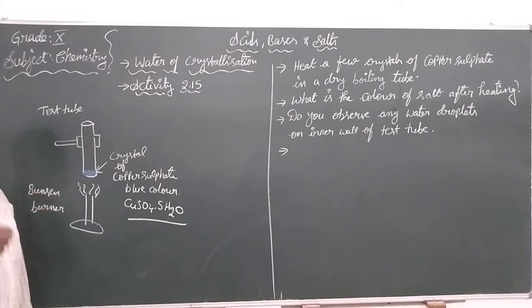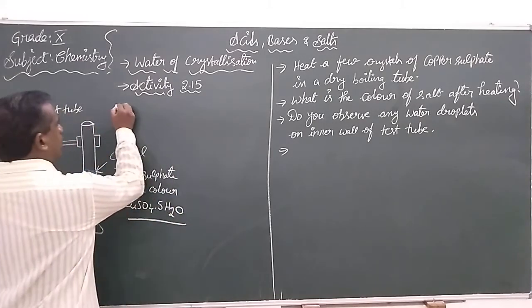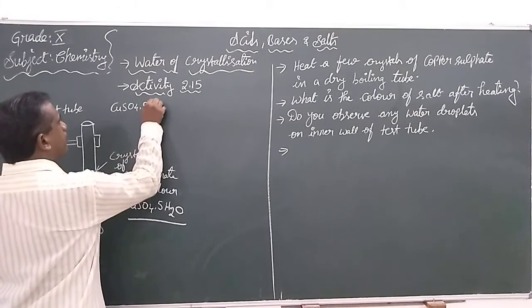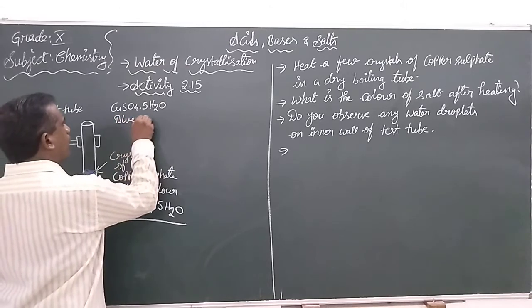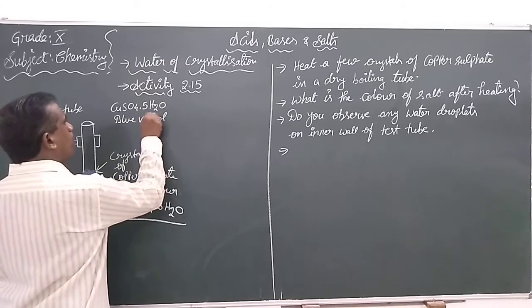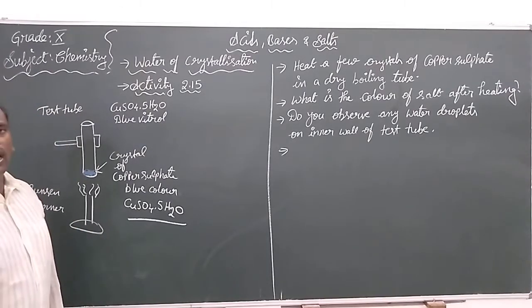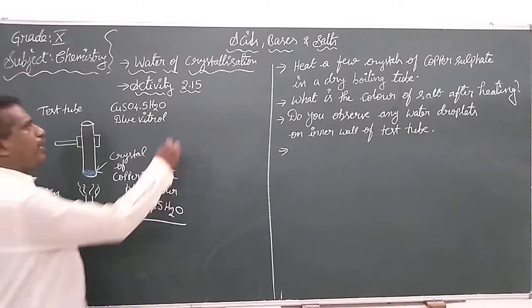What are we doing? We are heating the test tube. Let us see the equation here. CuSO4.5H2O is the formula of blue vitriol. The copper sulfate salt is also called the blue vitriol.